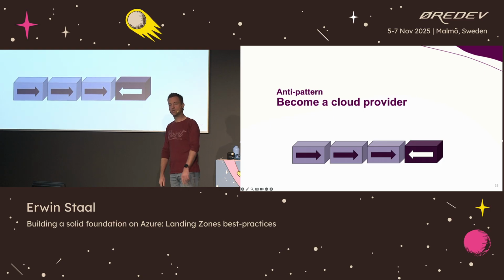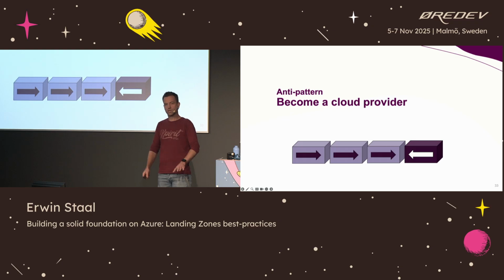One thing that I do see at some organizations is that they try to do in Azure what they were used to doing on-prem. On-prem, they used to have a central team that manages everything, so that is also what we're going to do in the cloud. And then they start building portals and tools on top of Azure and giving that to developers as the way to actually work with Azure and creating resources, sort of becoming their own cloud provider.